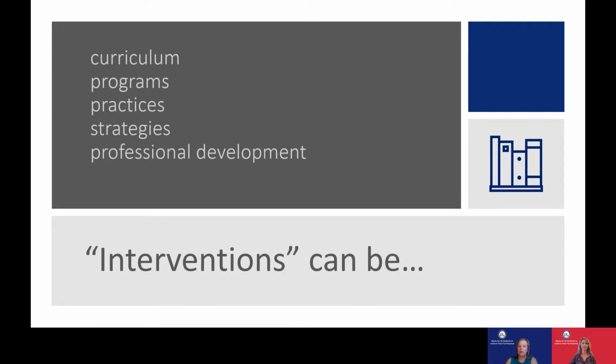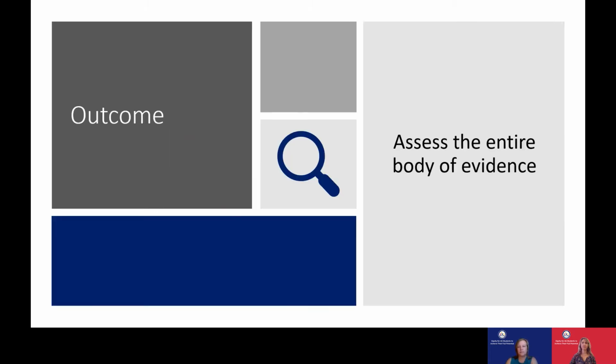Keep in mind, the term interventions is more broad in nature to include the list shared. It is not necessarily tied to the interventions within a literacy RTI process. By completing this tool, you will assess the entire body of evidence for particular interventions that target the outcome of interest. Again, please watch the previous video in this series as it will greatly support you in today's work.